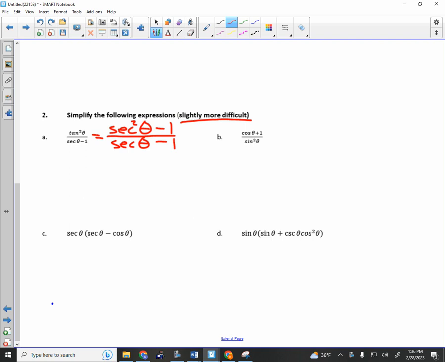Now you need to see something special about the top. They don't cancel. It can be factored because it is the difference of 2 squares. Aaron sees it. This is what you have to be able to see. It factors as the difference of squares: secant of theta minus 1 times secant of theta plus 1 over secant of theta minus 1.